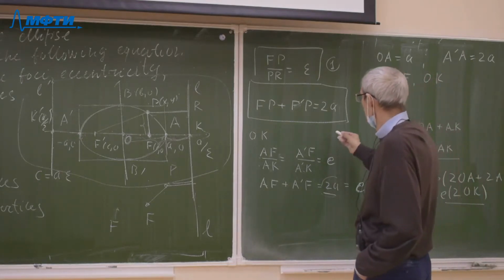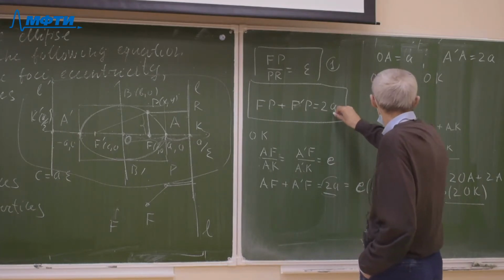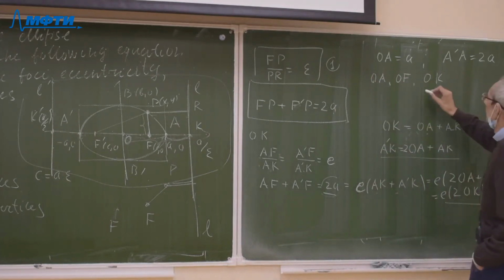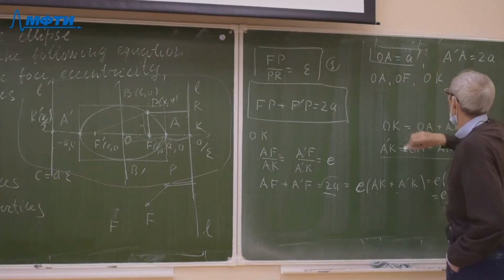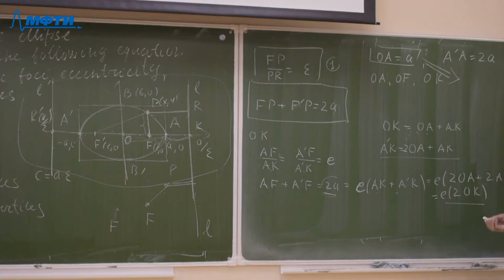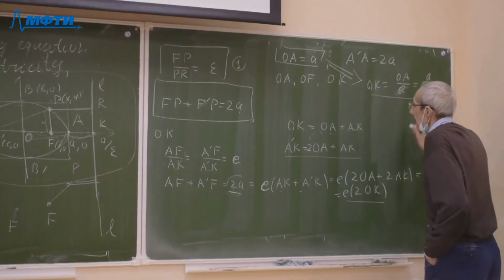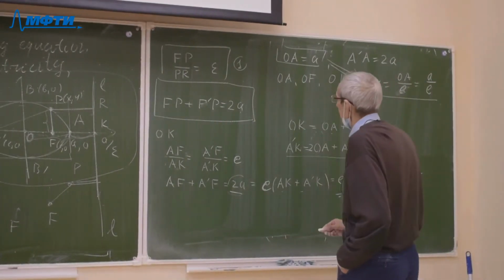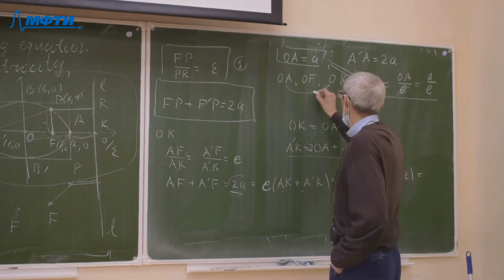We denote OA by little a, and we deduce that OK is equal to the ratio a over E, the first relation between OK and OA.